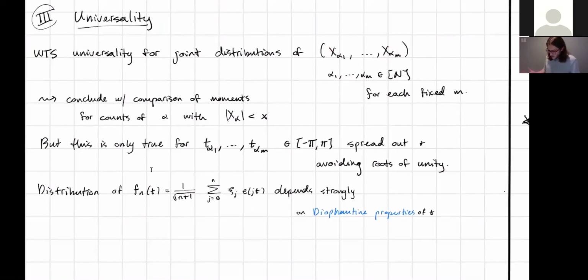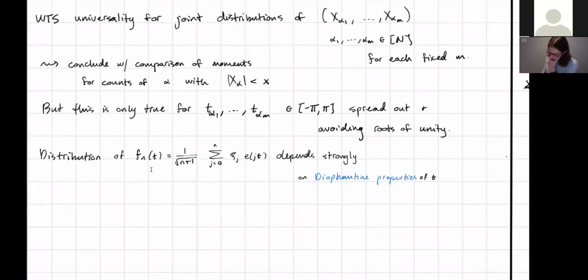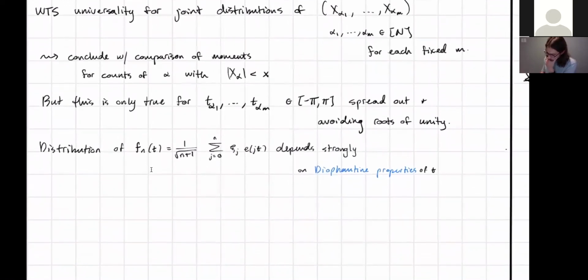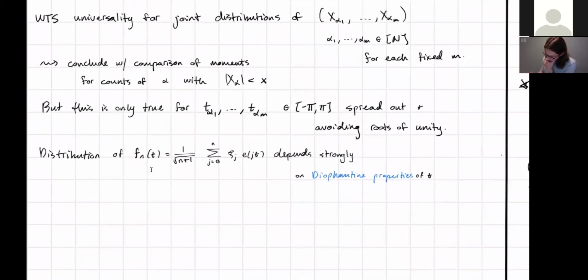If we can show that those joint distributions are universal, then we'll get universality by comparison of moments with the Gaussian case. But it turns out that this is not true. These joint distributions are not necessarily universal. It is true if these angles are pretty spread out and they avoid roots of unity.